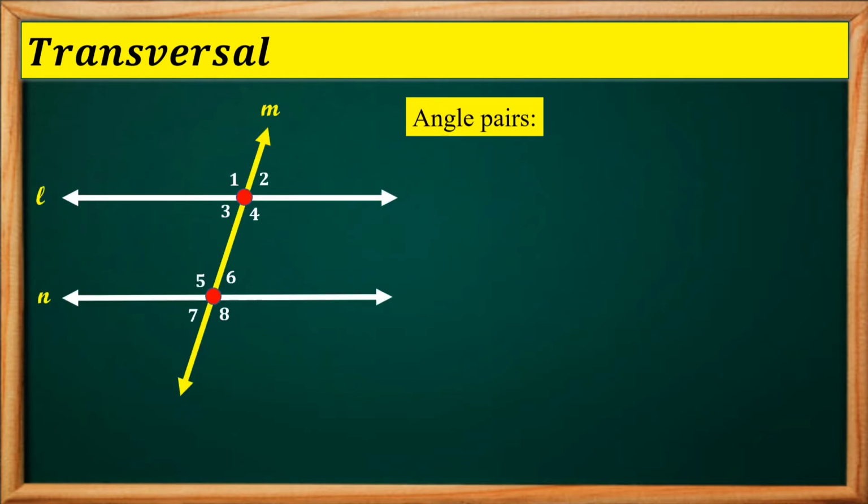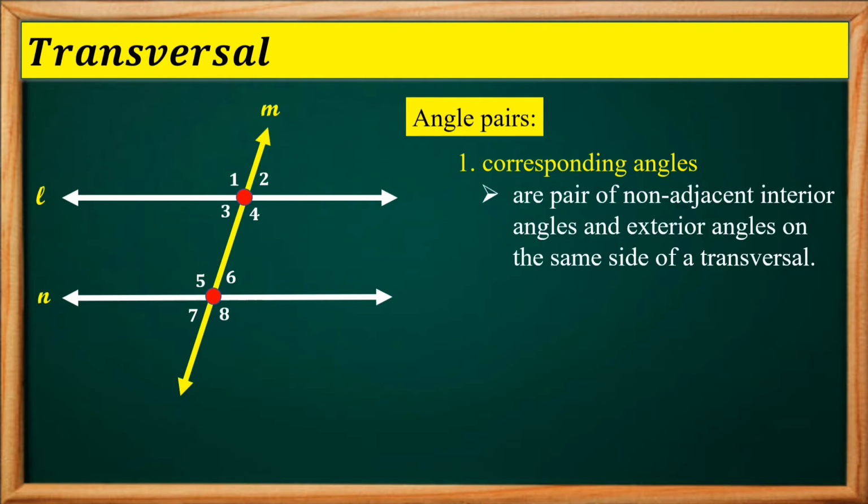In parallel lines, we have the angle pairs. The different angle pairs. The first one is what we call corresponding angles. Corresponding angles are pairs of non-adjacent interior angles and exterior angles on the same side of a transversal. Again, non-adjacent, ibig sabihin hindi magkatabi.